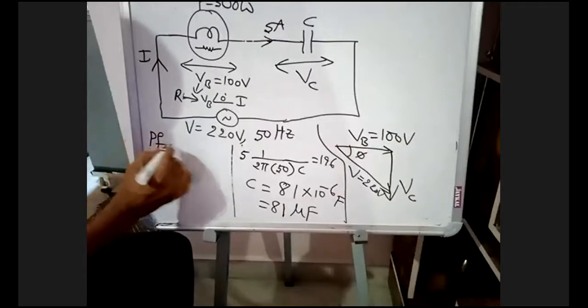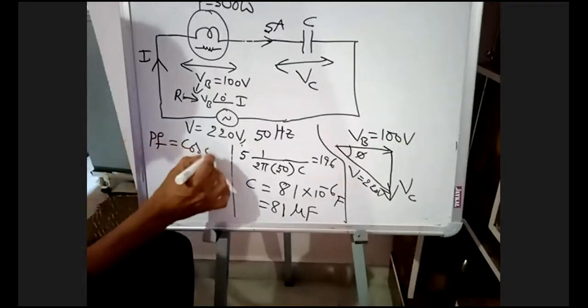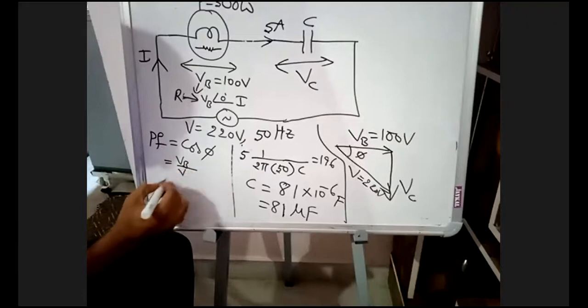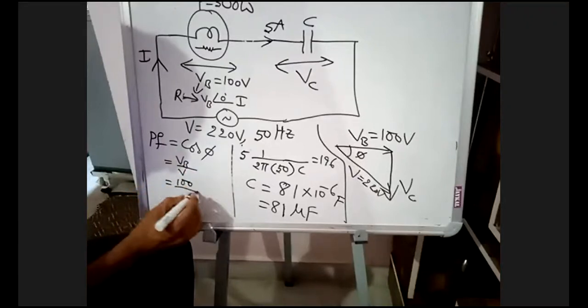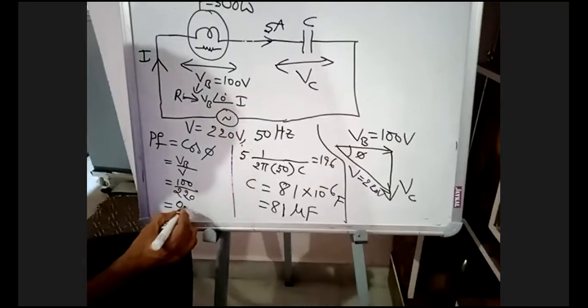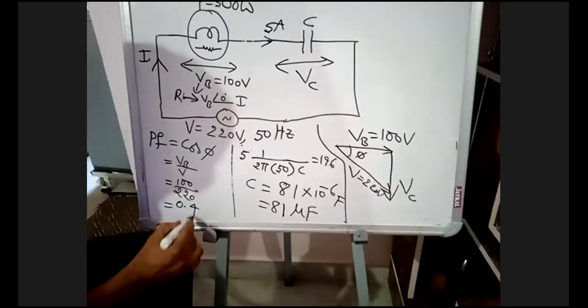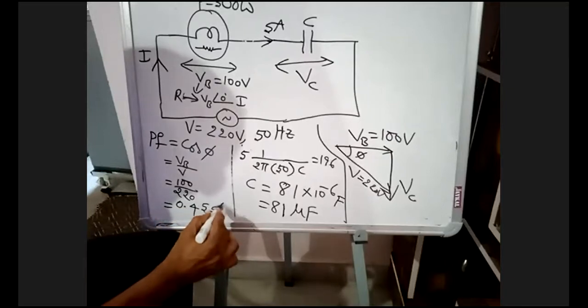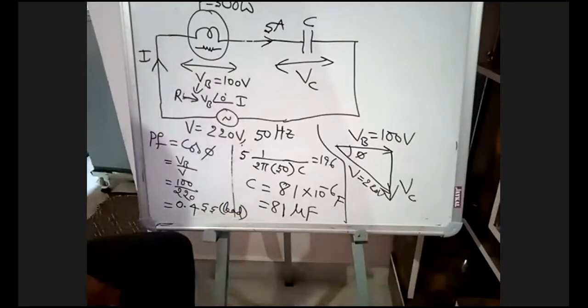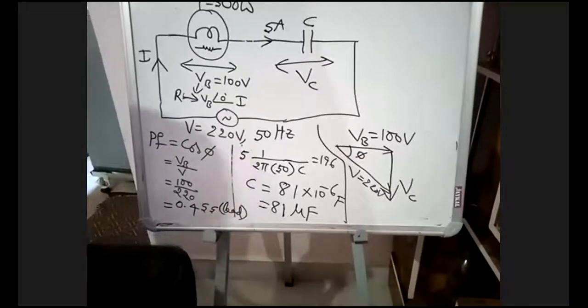Then power factor. Cos phi is equal to VB by V, 100 by 220. Leading.